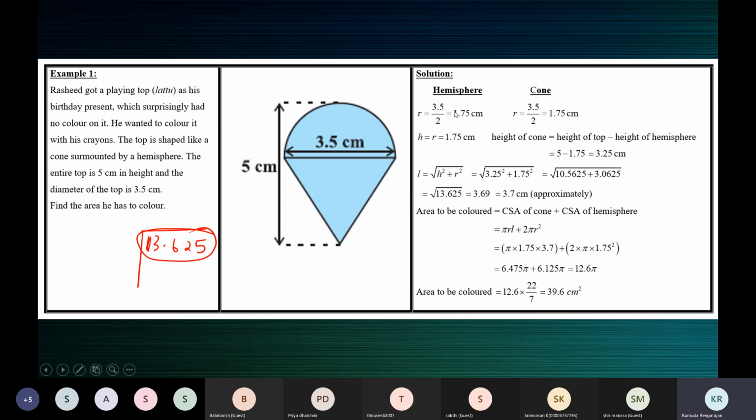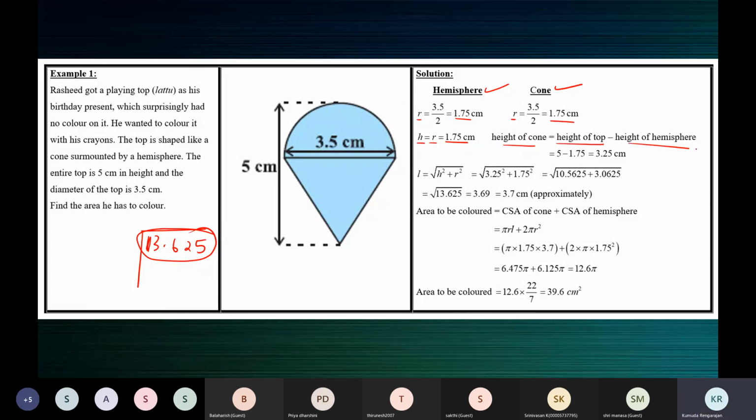So let's revise the answer. As I told you, you should first write out the solids, hemisphere, cone, radius of the hemisphere. The height of the hemisphere is equal to the radius, 1.75 centimeters. Cone radius is this one.